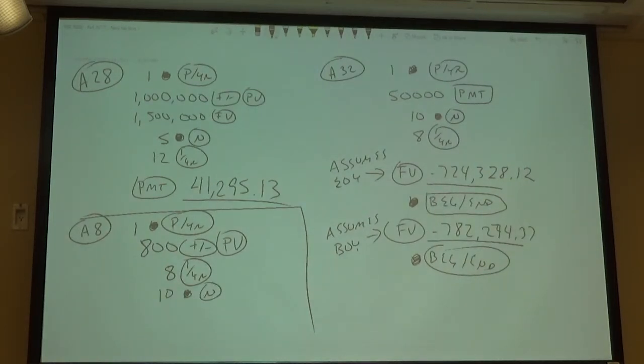So if he bought it for $800 an acre, assuming an 8% interest rate over 10 years, that means the value today, and we'll start with that and then answer specifically what they asked, would be $1,727.14 an acre.